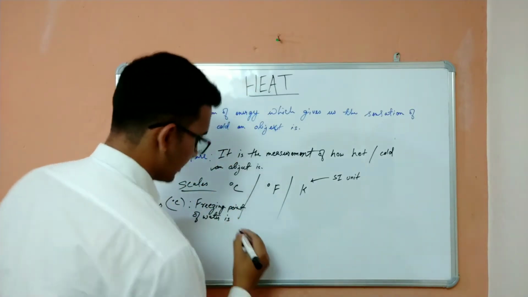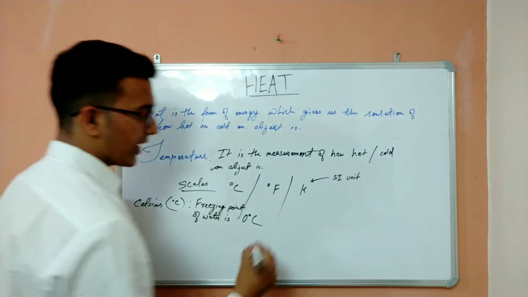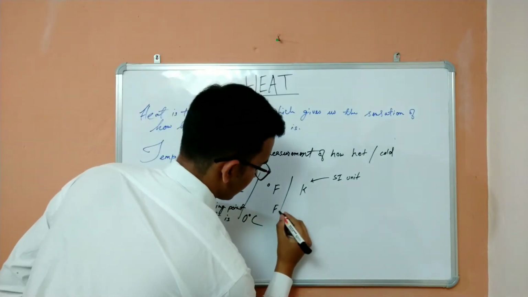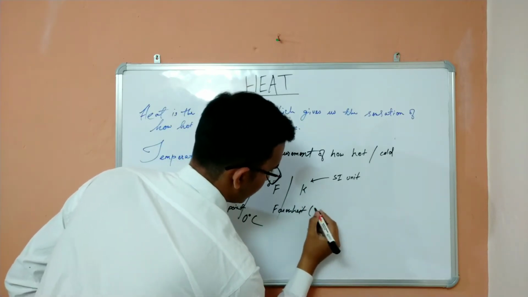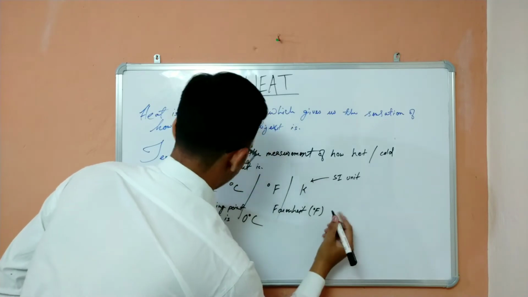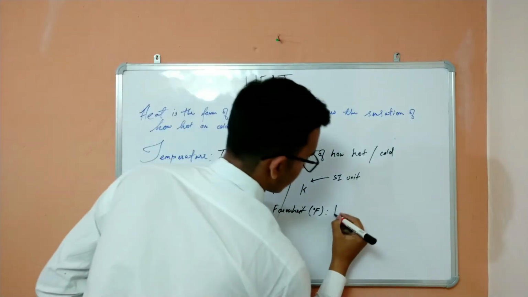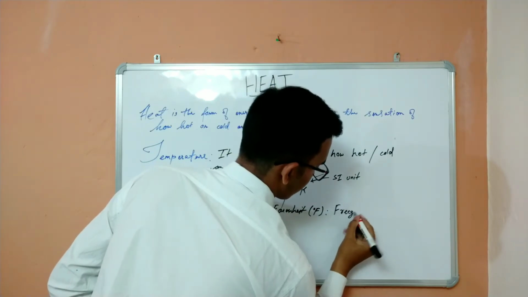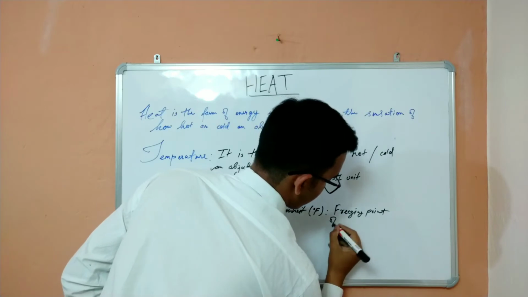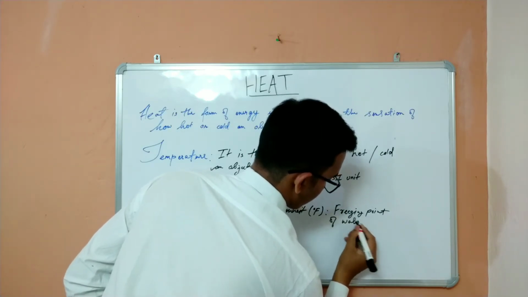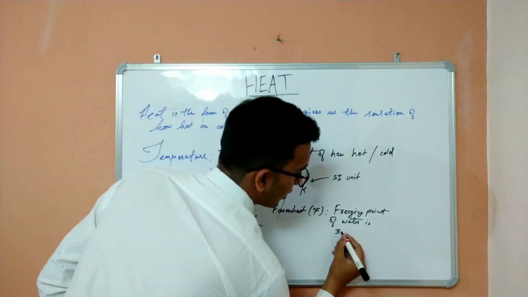You all know it, 0 degree Celsius. Whereas in the Fahrenheit scale, the freezing point of water is 32 degree Fahrenheit.